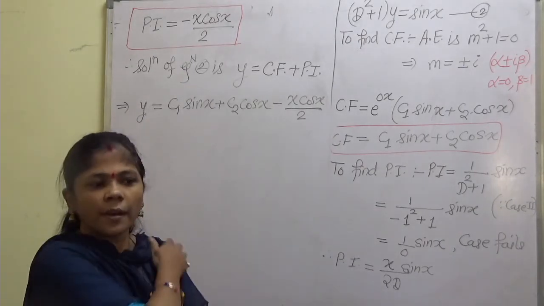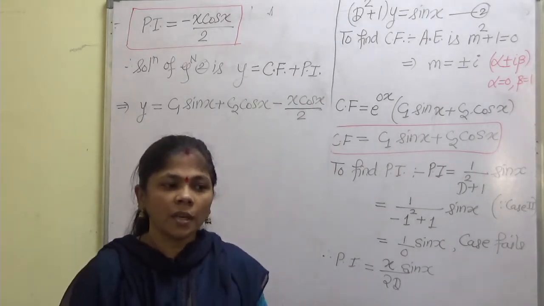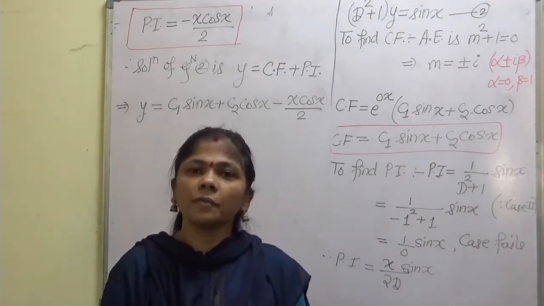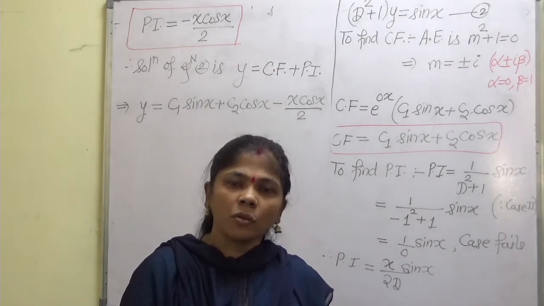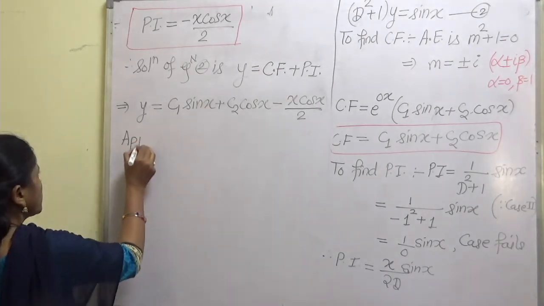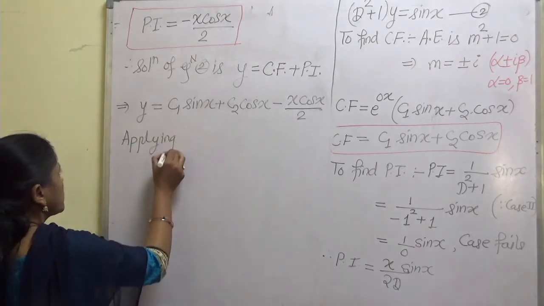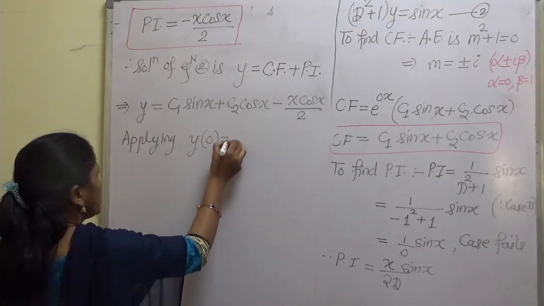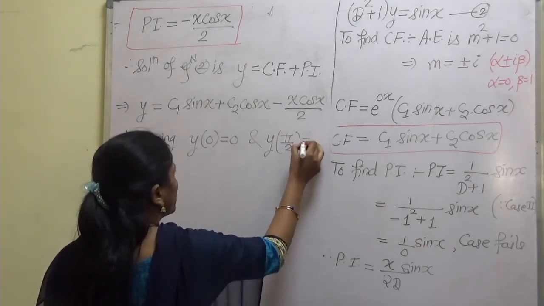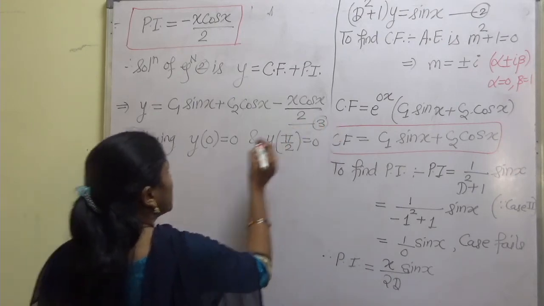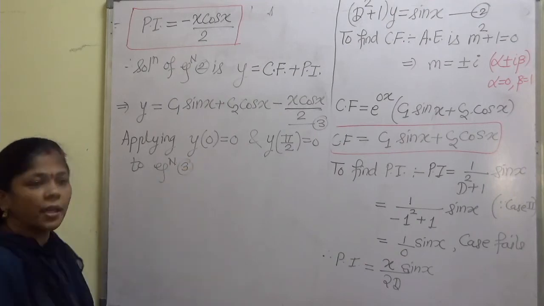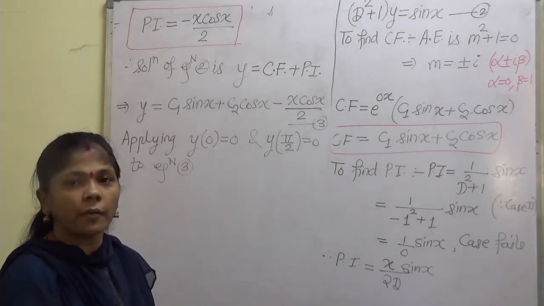Now, is it the required extremal? Here it involves two arbitrary constants c1 and c2. So let us find the values of these arbitrary constants by making use of the given conditions. Therefore, applying y of 0 equal to 0 and y of pi by 2 equal to 0 to equation 3 in order to get the values of c1 and c2.